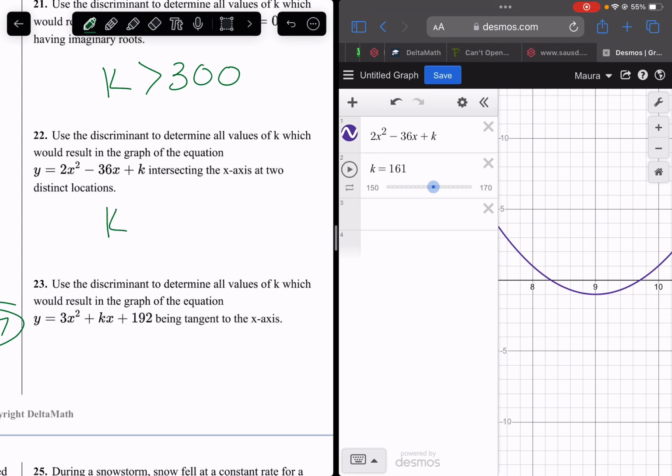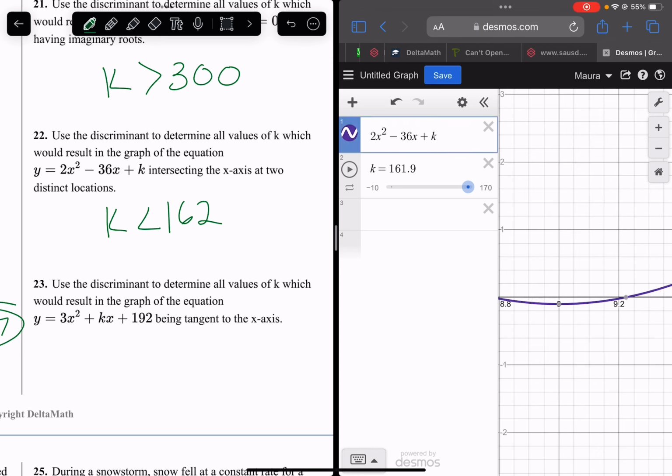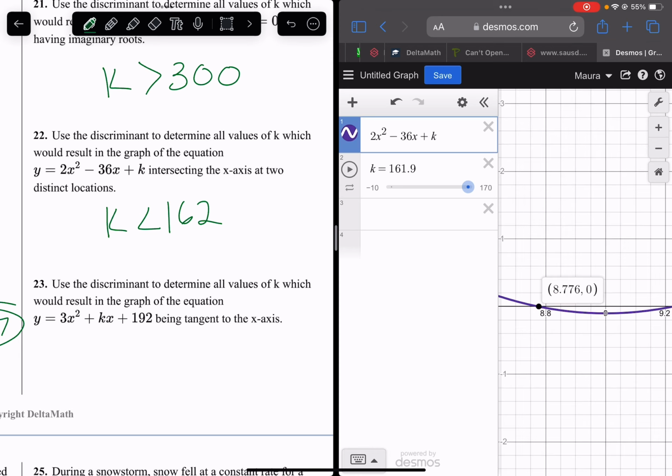So we want k values that are less than 162, right? Because at 162, we have one real solution. If I go just a little bit less than that, let's say I do 161.9, okay? That's just below it, but we still got our two solutions there, right? We still got our two x-intercepts.